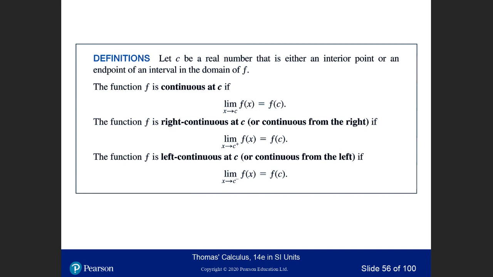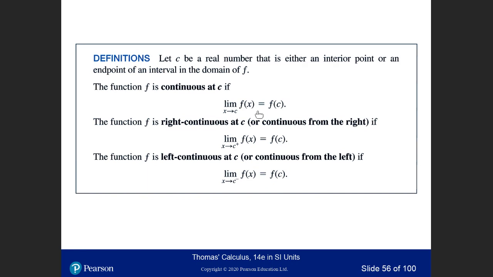So when you say that a function is continuous at a point C, the function must be defined at C, because we're talking about f of C. Plus, its limit as x approaches C from both sides must be equal to f of C. Okay, so that's for the interior point.